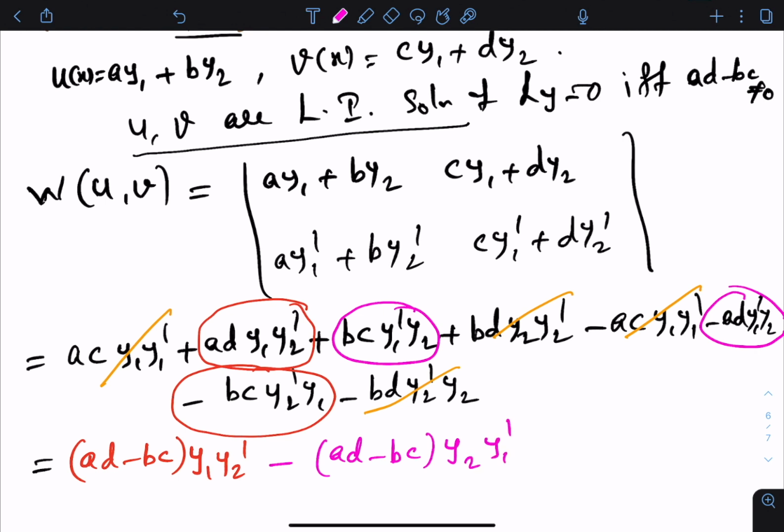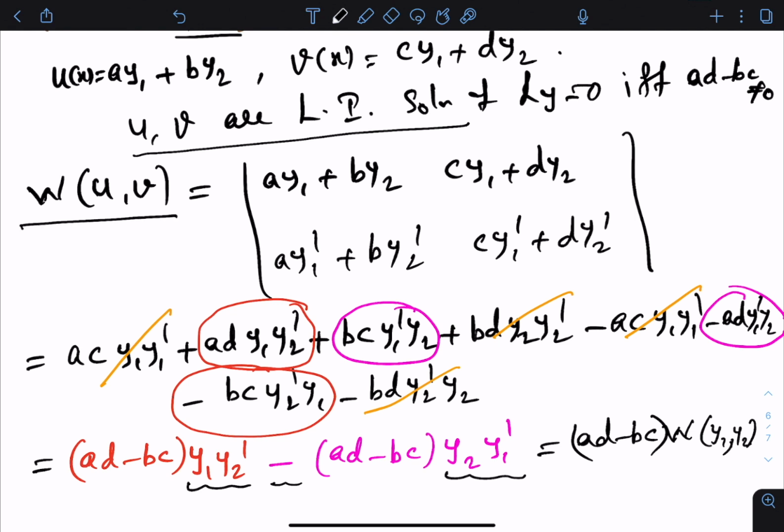This, if you notice, is nothing but AD minus BC times the Wronskian of Y1 Y2, right? Because Y1 Y2 prime minus Y2 Y1 prime is the Wronskian of this. So the Wronskian of U V is AD minus BC times the Wronskian of this.